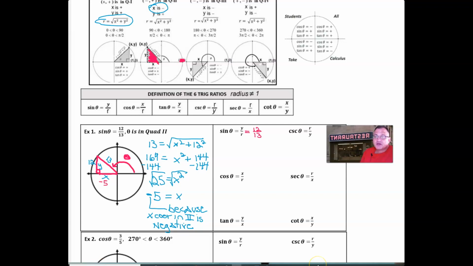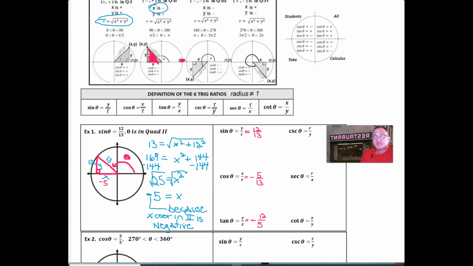Now I can just write out all my ratios. My cosine is going to be x over r, so that's negative 5 over 13. My tangent is going to be y over x, so y is 12 and x is negative 5.